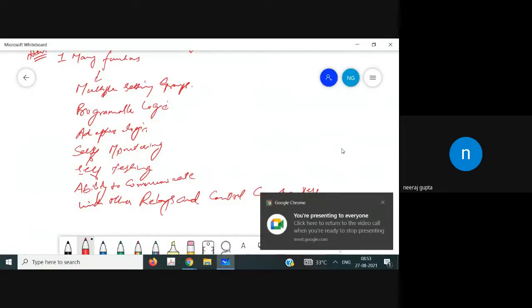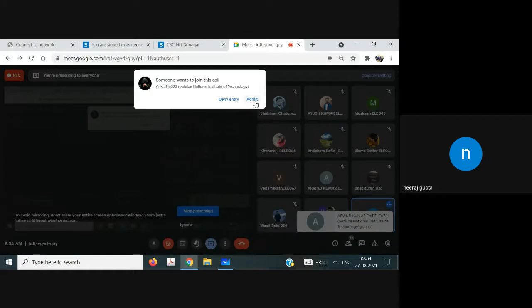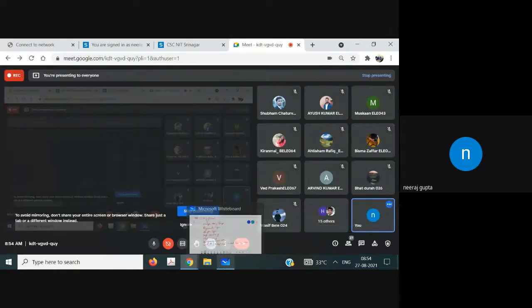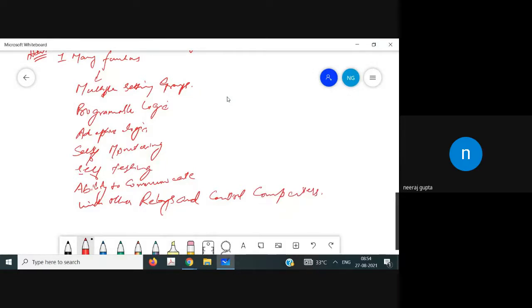Now we can discuss this one by one. So multiple setting groups means that it will have multiple settings, that is, more than one input. If the microprocessor relay is available with us, then it provides two types of setting groups.